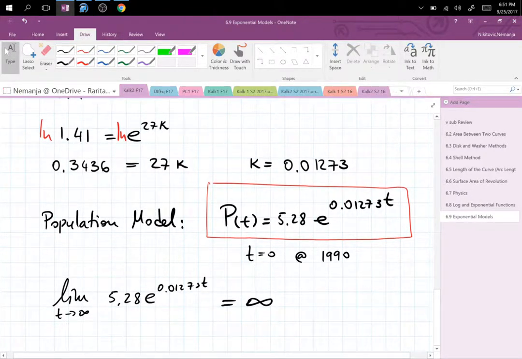This calculation immediately tells us that this particular population model is garbage for the long run, because we cannot have infinite population of humans on the planet. We don't have infinite resources, we don't have infinite surface area to fit an infinite amount of people.